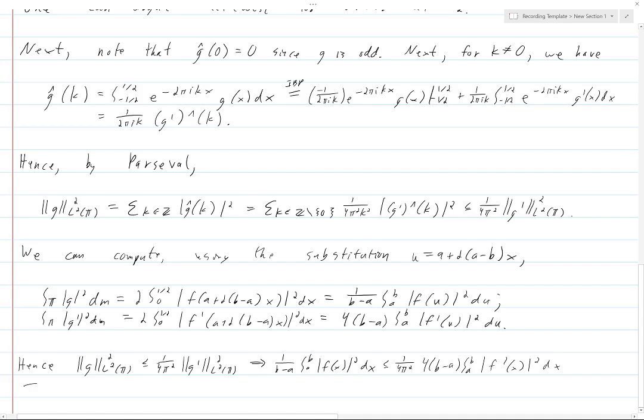What does this imply? You just move around the b minus a's, bringing one to the other side, and you get the integral from a to b of f of x squared dx is less than or equal to b minus a over pi squared times the integral from a to b of f prime squared dx. And that's exactly the inequality that we wanted to prove. And so we have completed the proof.